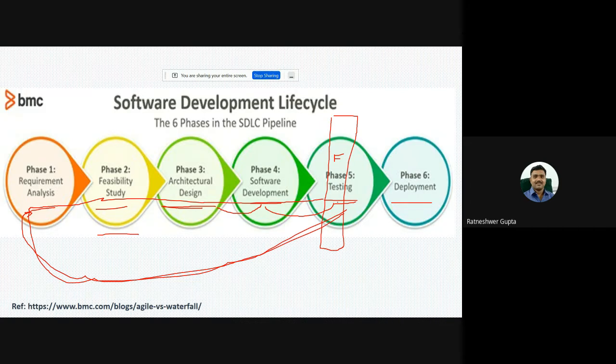So the idea is that if we perform some type of testing at the architecture level, then any inappropriate functionality, or any functional or non-functional error, can be diagnosed at the architecture level. And if we diagnose any error, this requirement can be sent back to the requirement analysis.